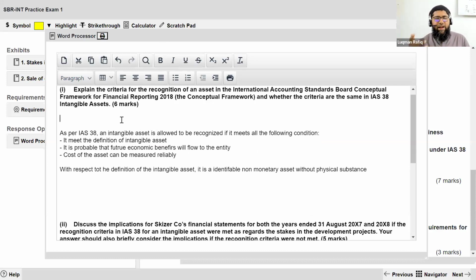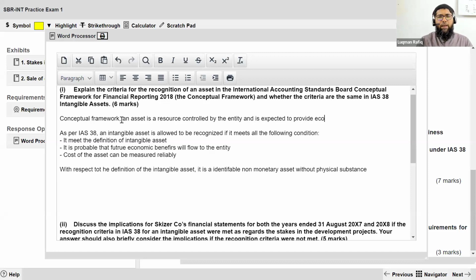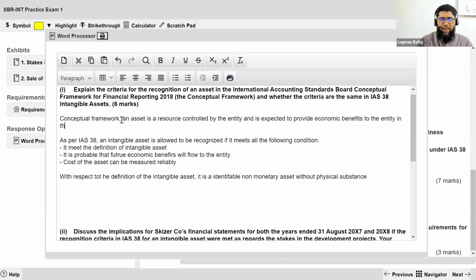Now, I'll just let you know the criteria under the conceptual framework. Under the conceptual framework, an asset is a resource controlled by the entity and is expected to provide economic benefits to the entity in the future.